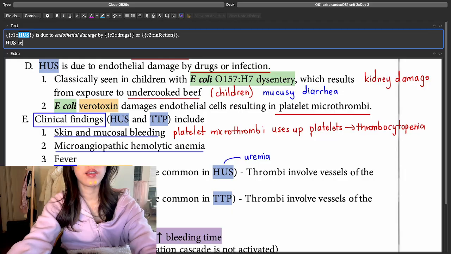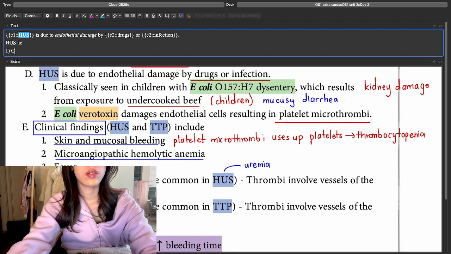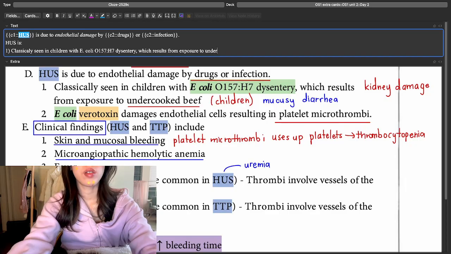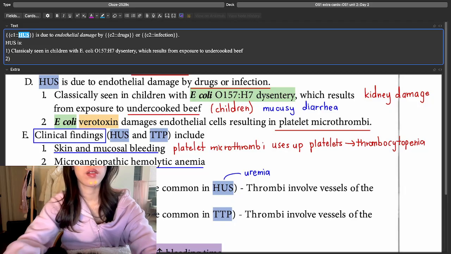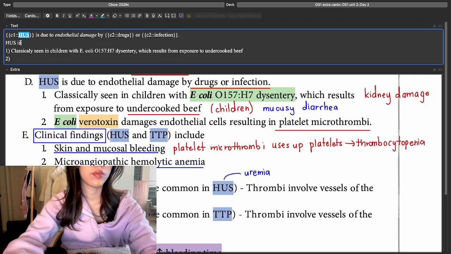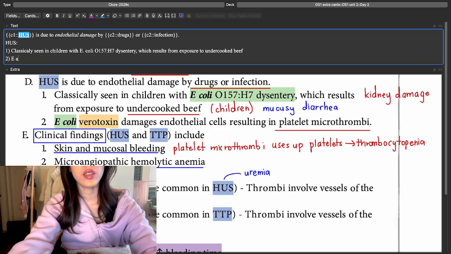HUS is classically seen in children with E. coli O157:H7 dysentery, which results from exposure to undercooked beef. E. coli Shiga toxin damages endothelial cells.